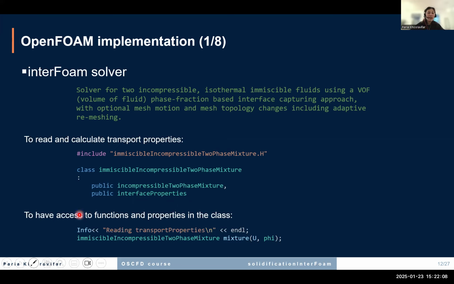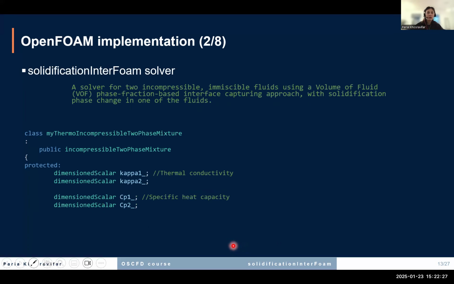To have access to these functions, the mixture object is defined in the createFields file in the solver. I changed this solver's name to solidificationInterFoam, and it is a solver for two incompressible, immiscible fluids, and it also considers solidification phase change in one of the fluids.